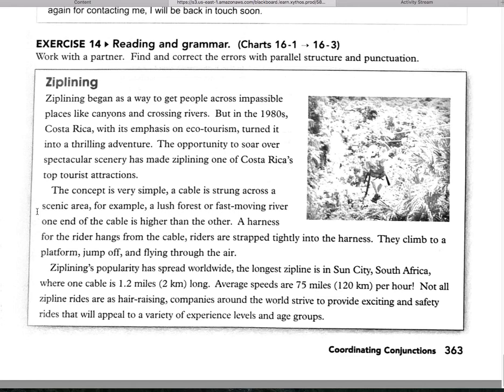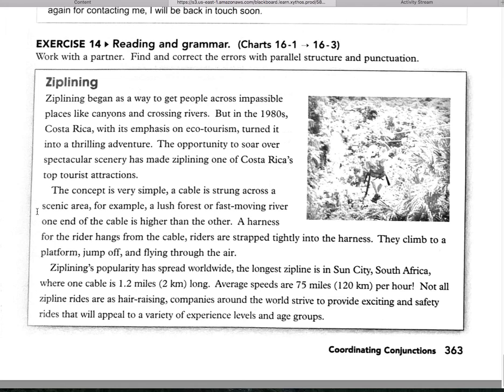Not all zip line rides are as hair-raising and, conjunction, companies around the world strive to provide exciting and safe, not safety, safe, rides that will appeal to a variety of experience levels and age groups, period.